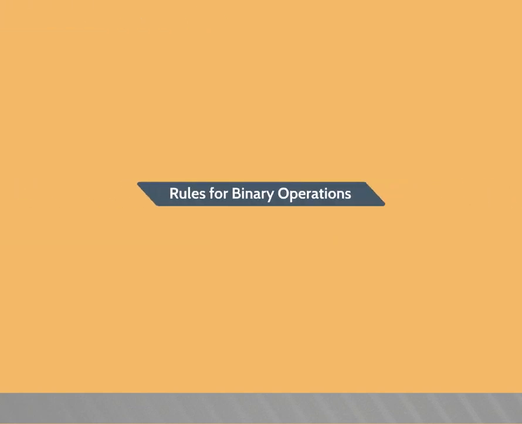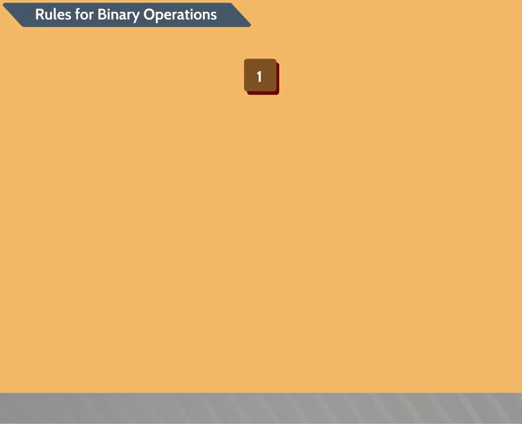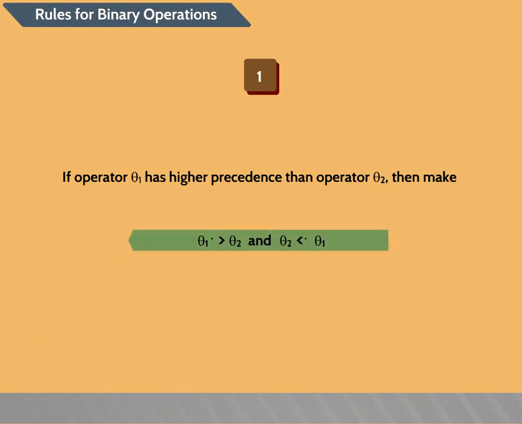Rules for binary operations. If operator theta 1 has higher precedence than operator theta 2, then make theta 1 ⋗ theta 2 and theta 2 ⋖ theta 1.